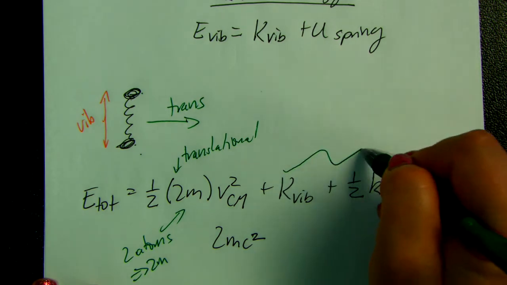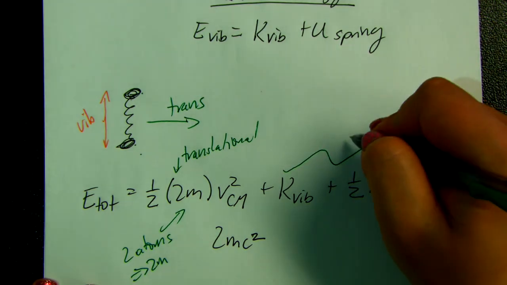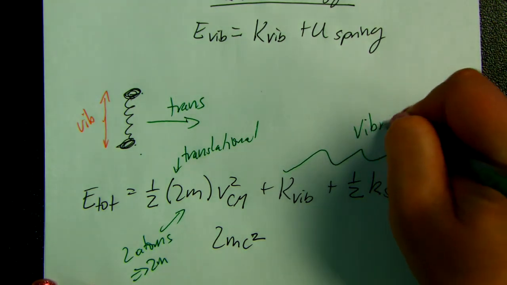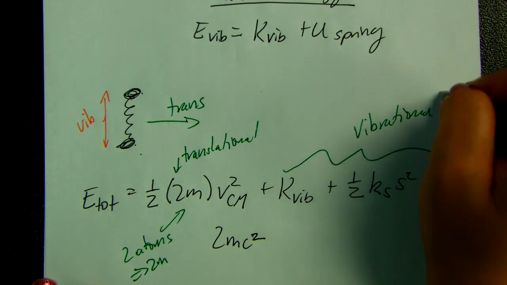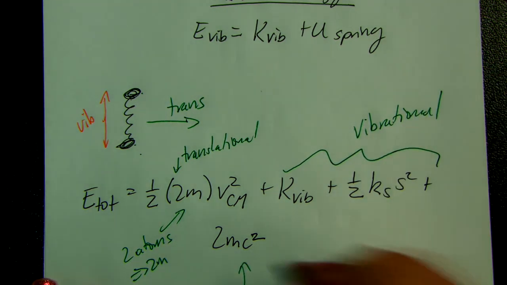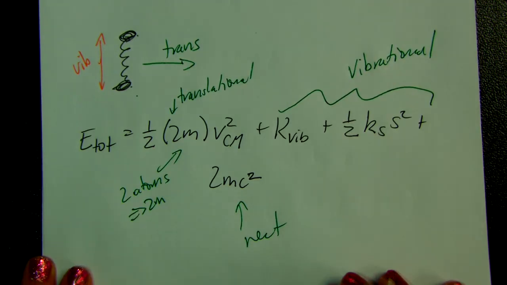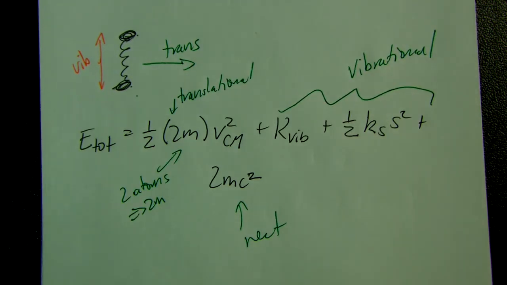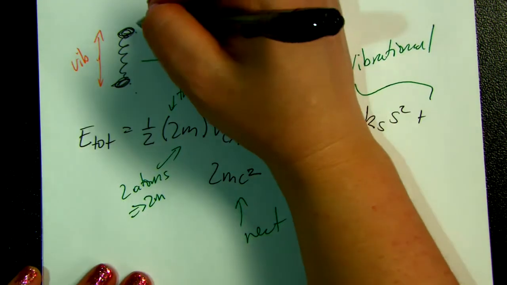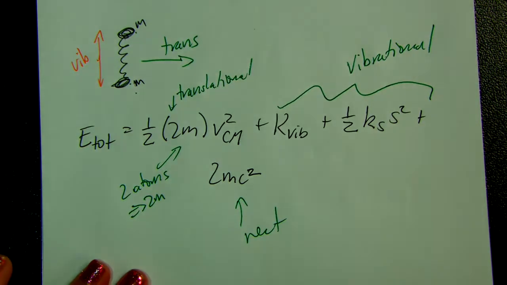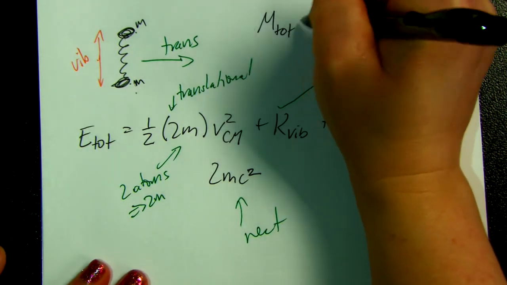This here is the vibrational. And this is rest. So we're not looking at delta E, we're just calculating the total energy. So rest mass is here to play. And once again, we see 2mc squared because there's two little masses. M here, M here. M total is equal to 2m.